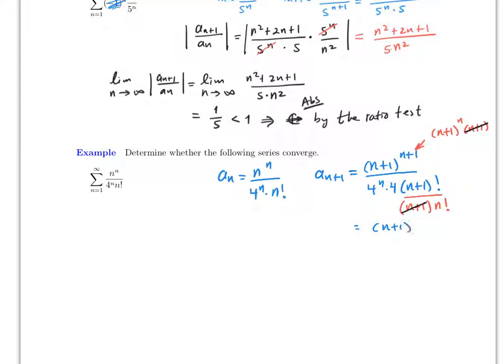It's a very good idea to simplify as much as you can before you put it in the ratio test. So this is what we have left.